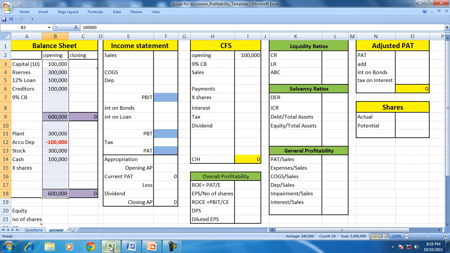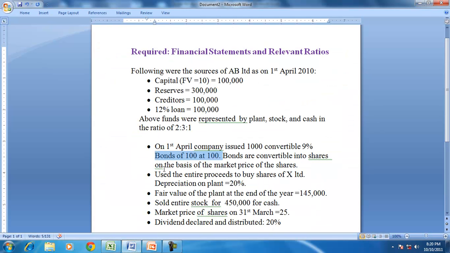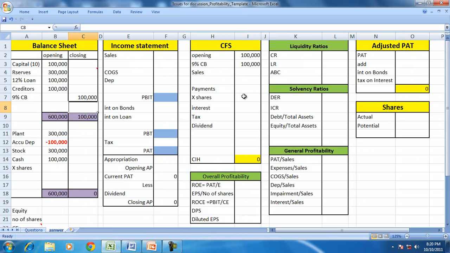So this is a receipt, 100,000 is a receipt, and convertible bond is a source or a liability on the balance sheet. And what to do with that money? The entire proceeds they've used to buy the shares of X Limited.